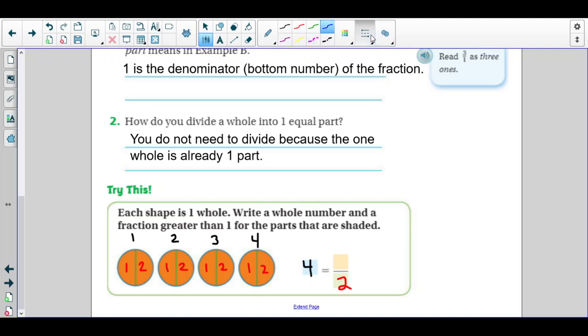How many total halves do we have? 1, 2, 3, 4, 5, 6, 7, 8. So 8 halves is the same thing as 4, because 8 divided by 2 is equal to 4.